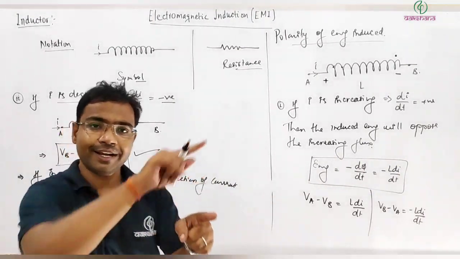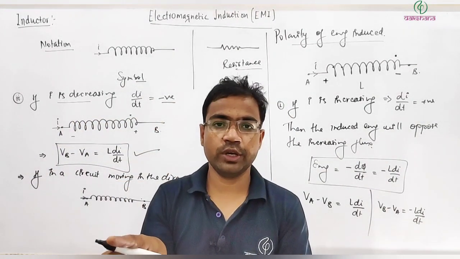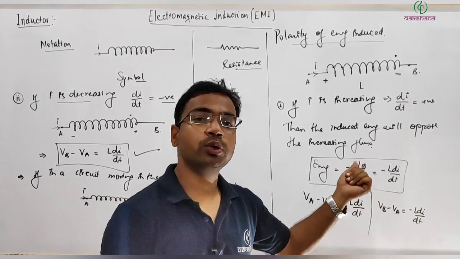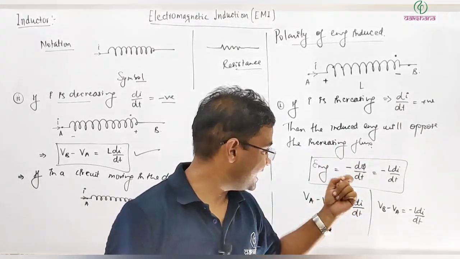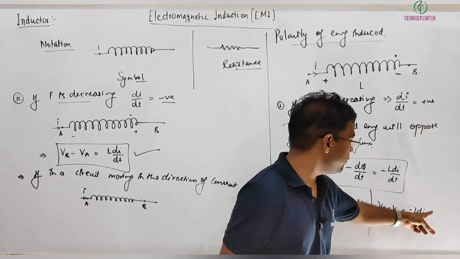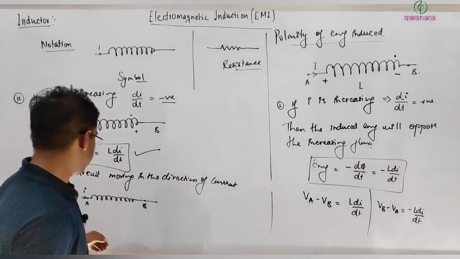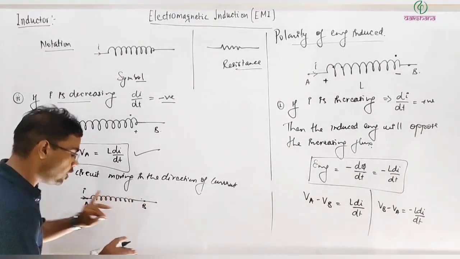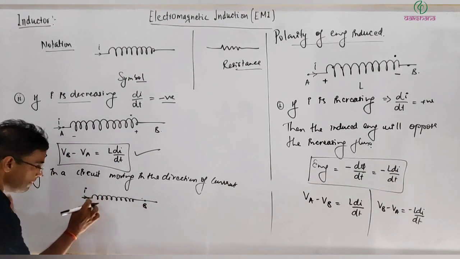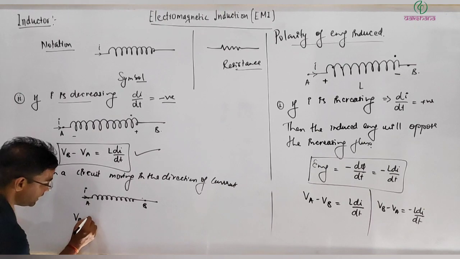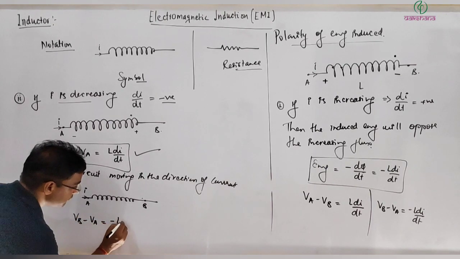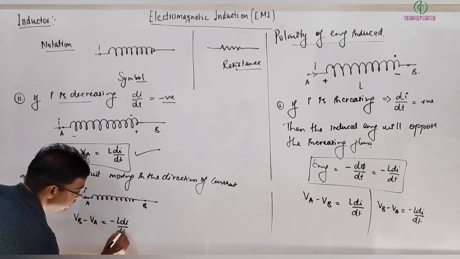Circuit analysis, KVL, KCL, you must know that we will apply those things here also. For that purpose, you don't have to worry every time about the plus minus sign. I am telling you a simple thing for that. If you are moving in the direction of current, then always take it: VB minus VA is equal to minus L di/dt.